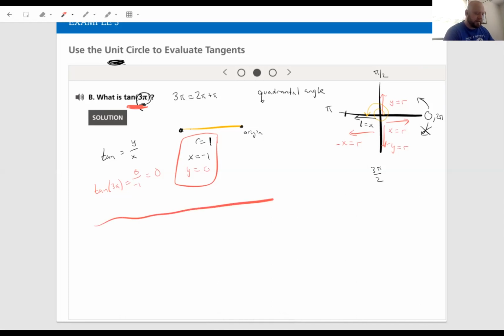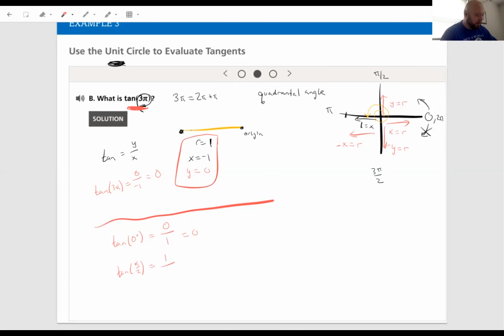Just as a little side note, if I had the tangent of 0 degrees or 0 radians, because they're both the same, that means we would move to the right, and that still would be 0. This time it would be +1 over 0... I mean 0 over 1, which is still 0. If I had the tangent of pi over 2, which is going up, then I move one unit up, because tangent is y over x.